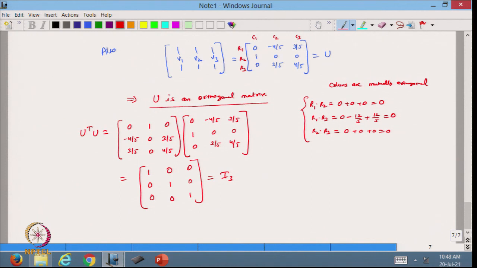Now, the same thing I can verify if I take U times U transpose. This is my same matrix, and I can write here once again 0, 3 by 5, 4 by 5, and 0, minus 4 by 5, 3 by 5.